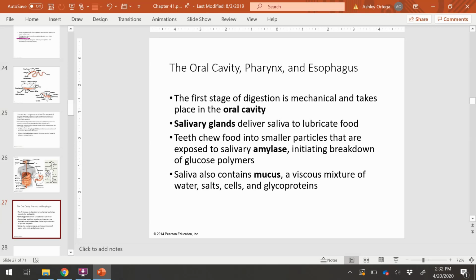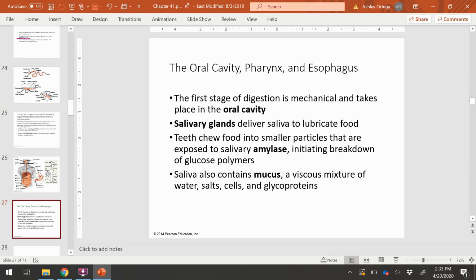Along with the saliva, you'll have the teeth that will chew the food into smaller particles. So teeth, they come in different forms and fashions for different animals. Some have sharper teeth to rip tough meat apart. Others have more of a grinding type teeth to grind plant materials into smaller pieces. Also with saliva, you have mucus, which is secreted.